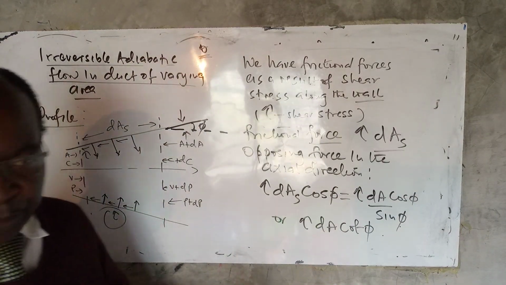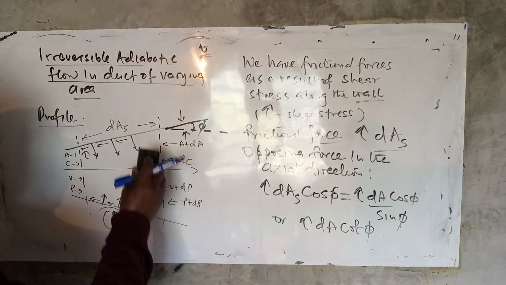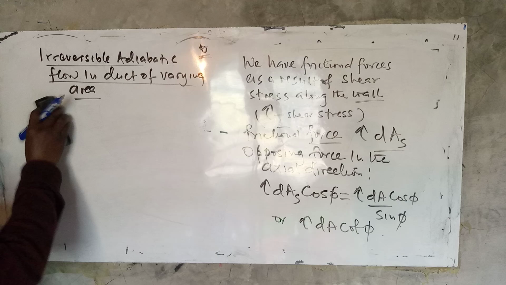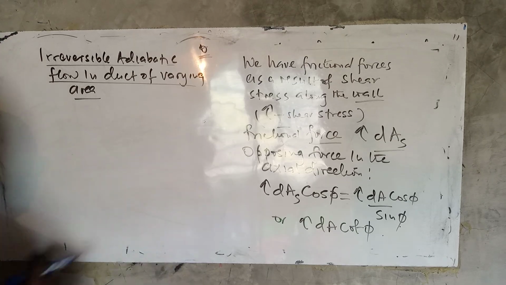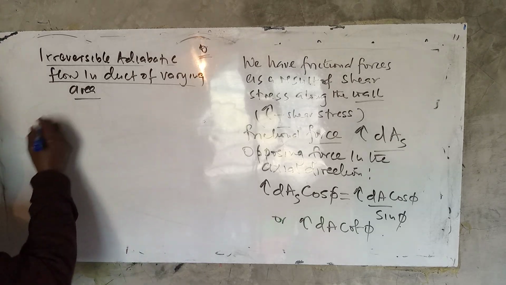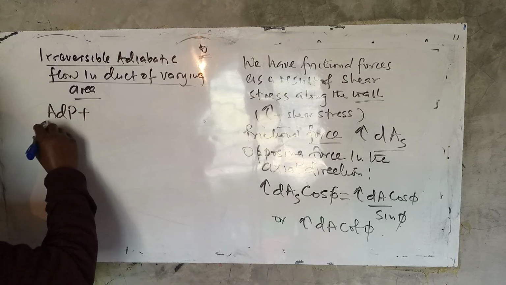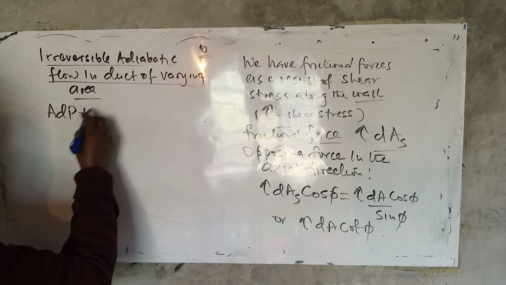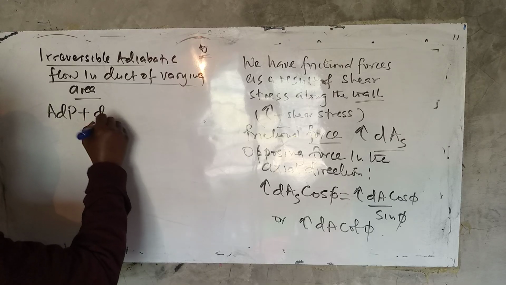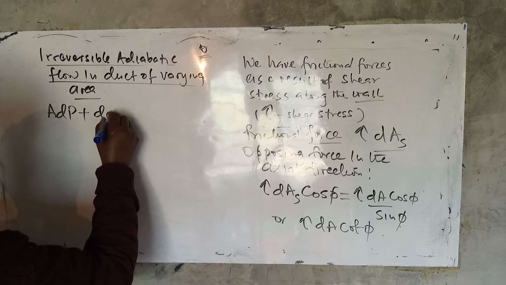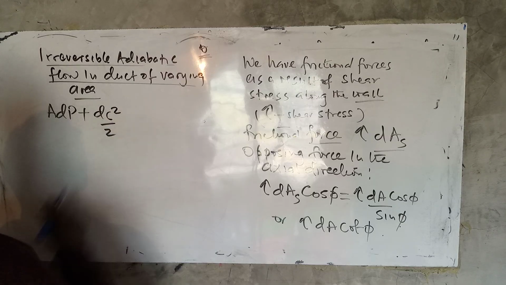And so when you remember what we did the very first time, then the total force here, we can reflect that as we have A dP plus remember we have dC squared over 2.